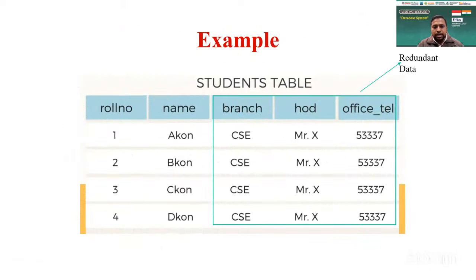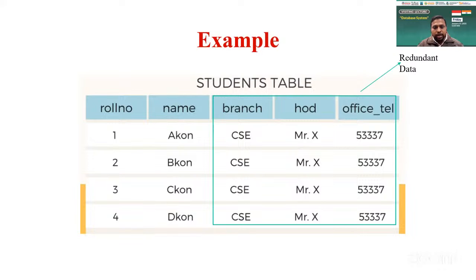For example, I have a student table in which there are a total of 5 fields, or we can say columns. One is roll number, second is name, third is branch, fourth is the HOD name of that branch, and fifth is the office telephone number of the HOD. This table covers the information of the students and also the branch information in which the student is studying.